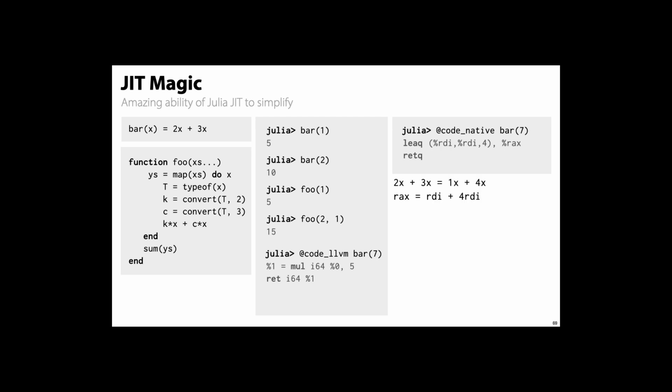So what is going on here is that 2x plus 3x could be simplified to 5x, but in this case, it's been simplified to 1x plus 4x. The insight here is that things like 4x can be handled as shift operations. Anything that's a multiple of 2 can be handled as a shift operation.